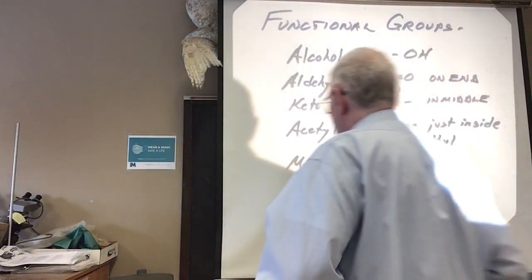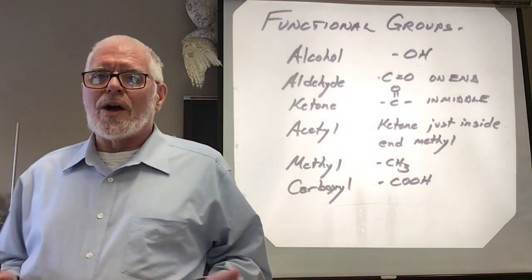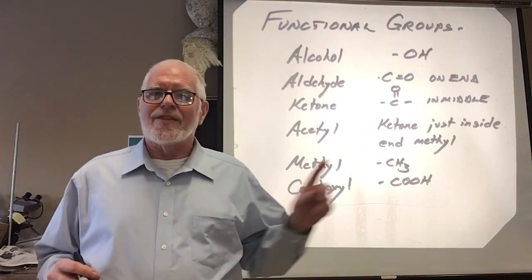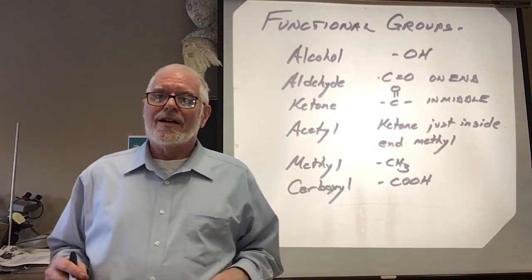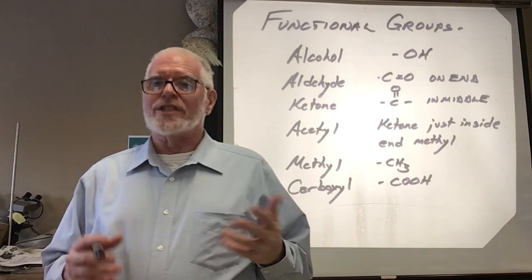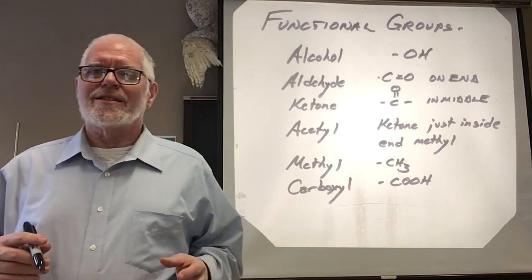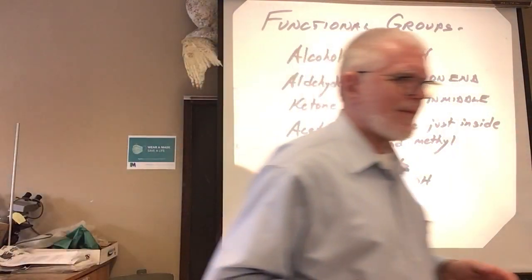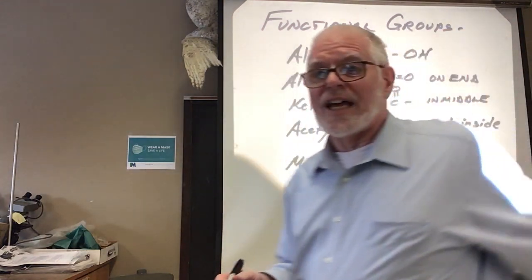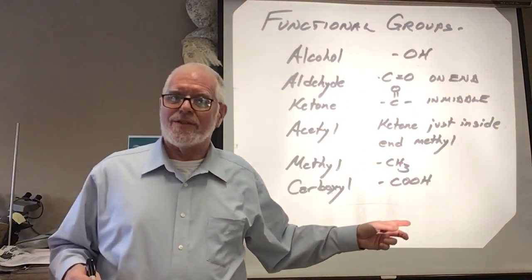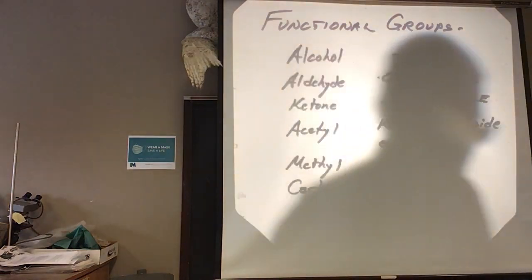Carboxyl group, also sometimes called an acid group because that H doesn't like to stay on there. It comes off as a hydrogen ion, which of course acidifies the solution that it's in. So amino acids have this on the end. Nucleic acids have this on the end. All sorts of organic acids have this on the end.